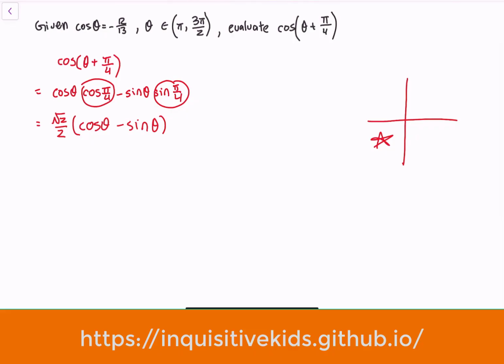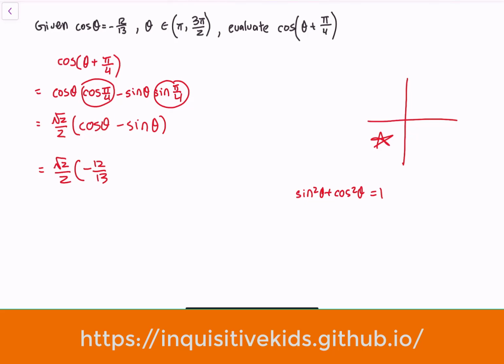We already know what cosine theta is. Cosine of theta is just negative 12 over 13. Now we have to find what sine theta is. All we have to do is use the Pythagorean theorem. We know that sine squared plus cosine squared is equal to 1.